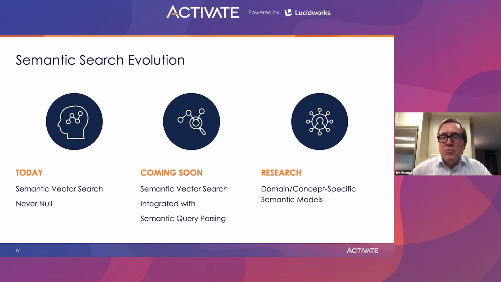Maybe we help you with some basic concepts, but in your business, you might have data scientists who know how to deal with specific concepts really well, and you could bring that model and plug it in. So the idea is we have semantic query parsing, which identifies concepts and then routes those different concepts for specialized processing.